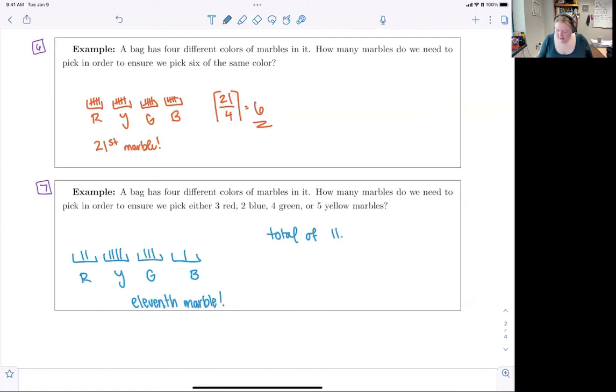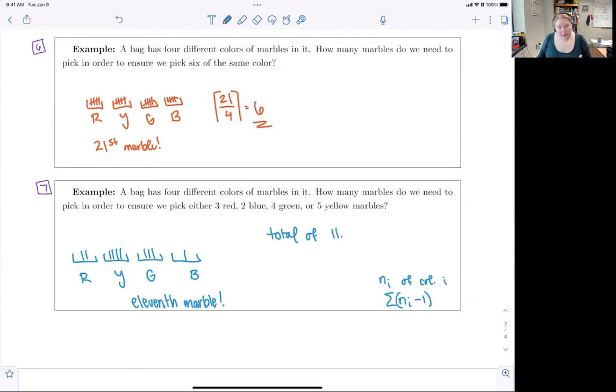Let's say you needed n_i of color i, right? So like you needed 3 of color 1 or 2 of color 2 and so on and so forth. So we're tossing in some letters here. If we needed n_i of color i, you might then think, okay, what we need is n_i minus 1.